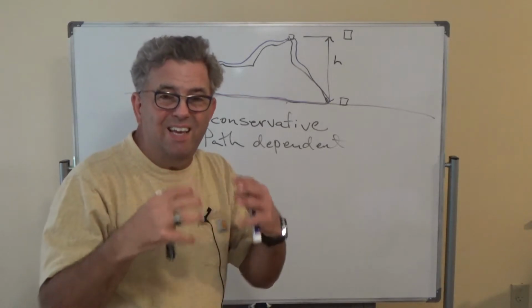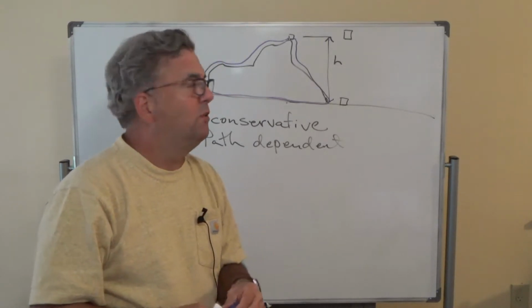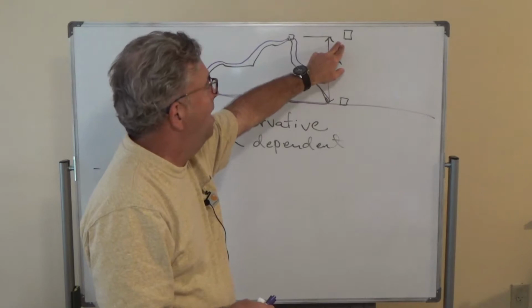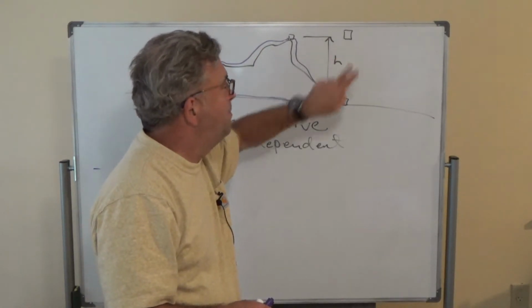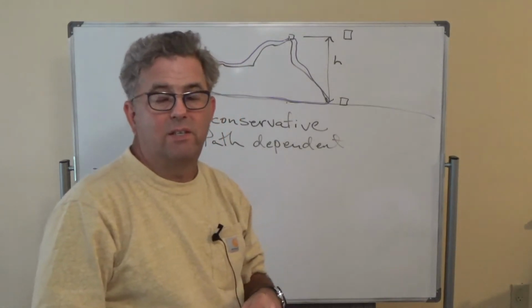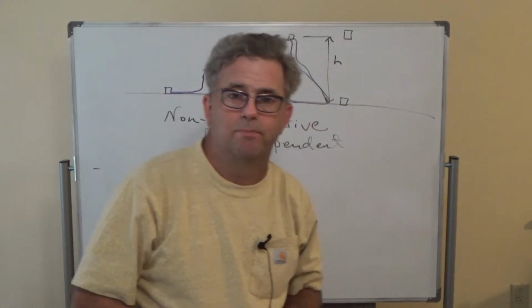The energy that you had to put into getting this object to height h was different for all these three paths. That's a non-conservative system.